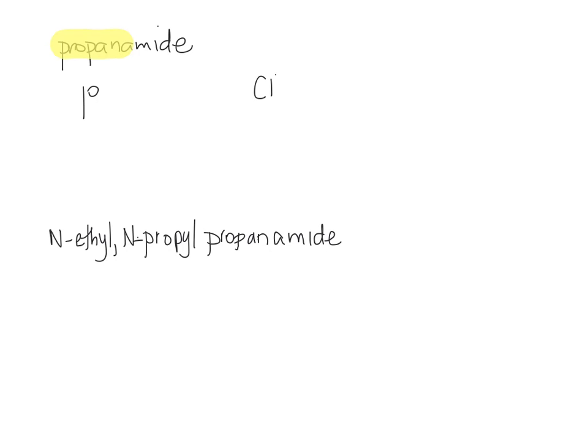So 1, 2, 3 carbons attached to a double bonded O. So we've got a carbonyl with 2 carbons attached to it, attached to a nitrogen that has 2 hydrogens attached to it. Done.